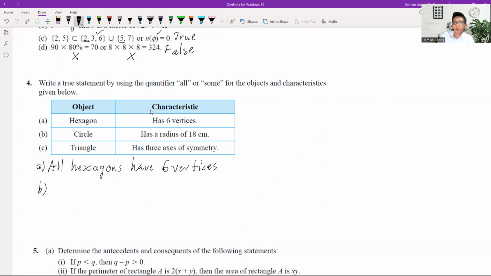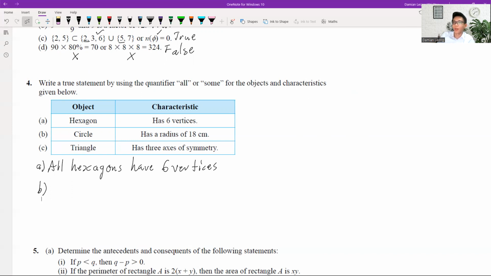Part B, for circle has radius of 18 cm, that would only be some of them. Definitely it won't be all of it, because a circle can have any radius.